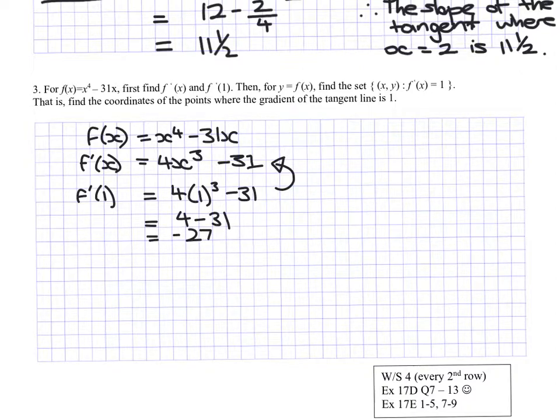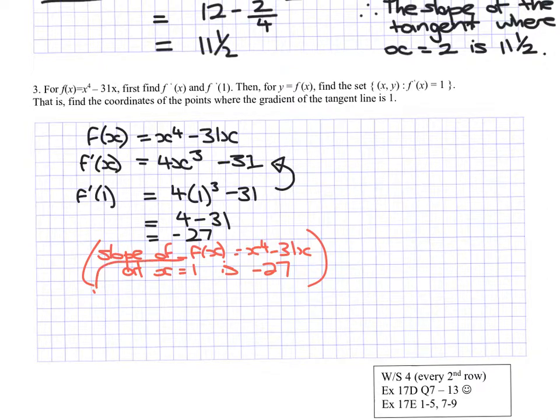So that implies, and this is not answering the question, but for your understanding, the slope of f of x equals x to the 4 take 31x at x equals 1 is negative 27. That's the instantaneous rate of change. It's really the slope of the tangent to f of x at x equals 1.